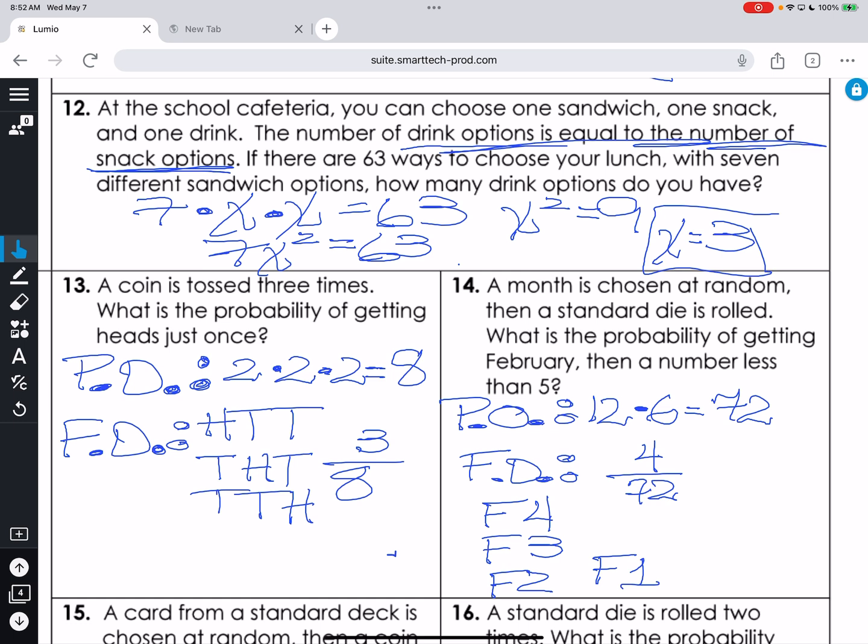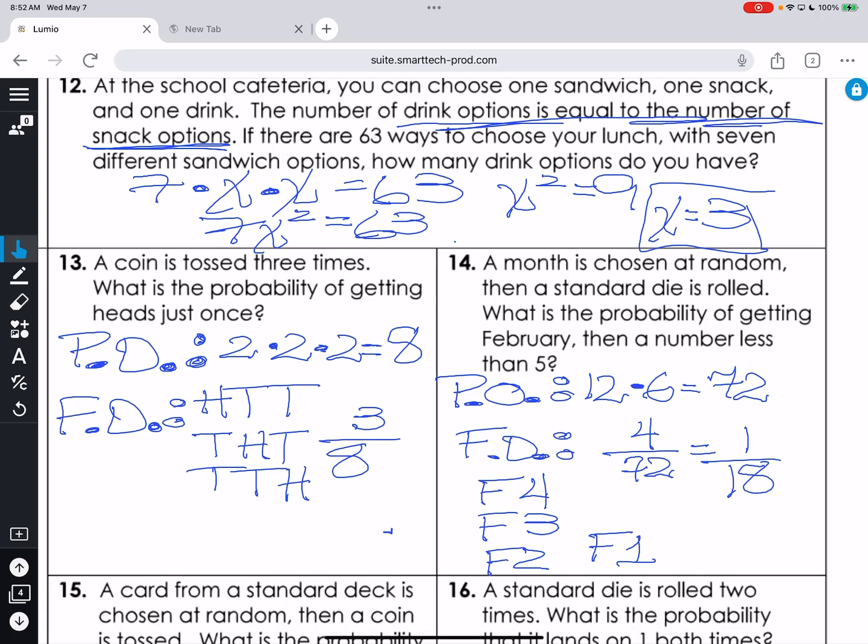We don't know, but we've got to take that into account. So there's only one February. It's like having your umbrella of the drawing. So 4 out of 72, which is 1/18. So do you think that's a very high possibility, or probability, of that happening? No. Not really.